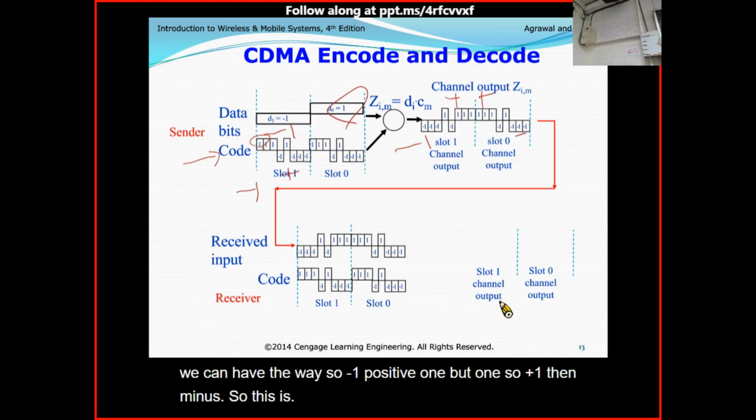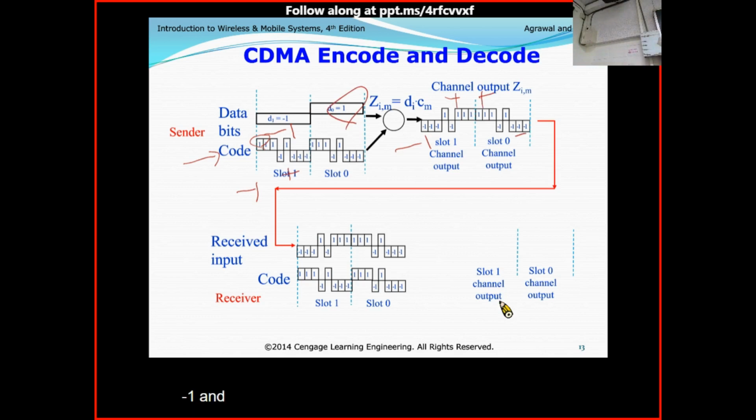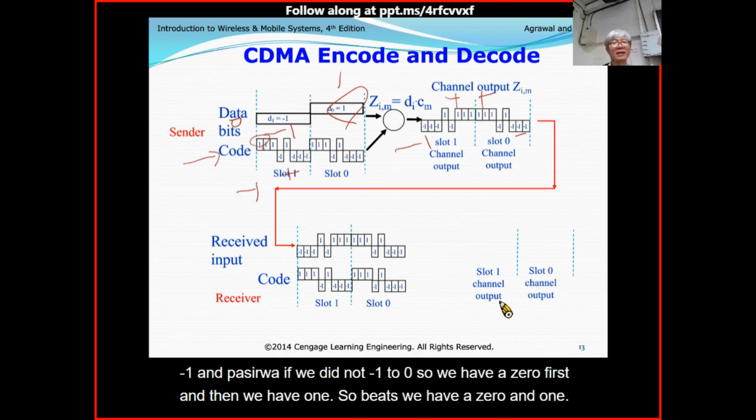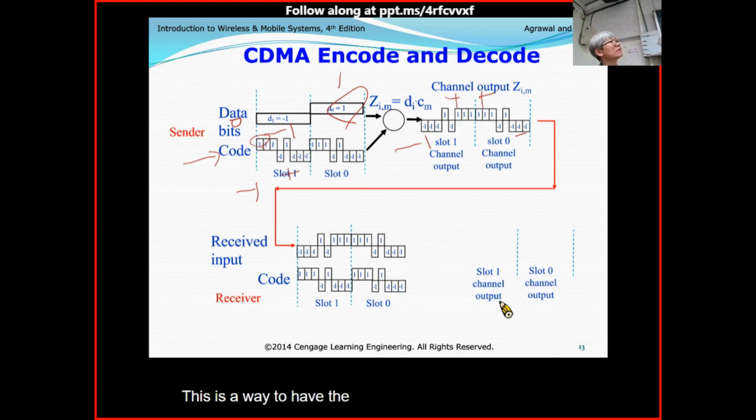Minus 1 and positive 1. If we denote minus 1 as 0, so we have 0 first, and then we have 1. So bits will have 0 and 1. Well, this is a way to have the encoding and decoding if we employ CDMA.